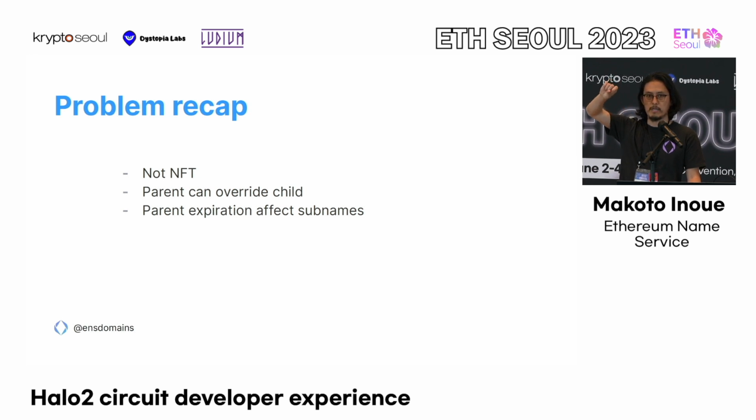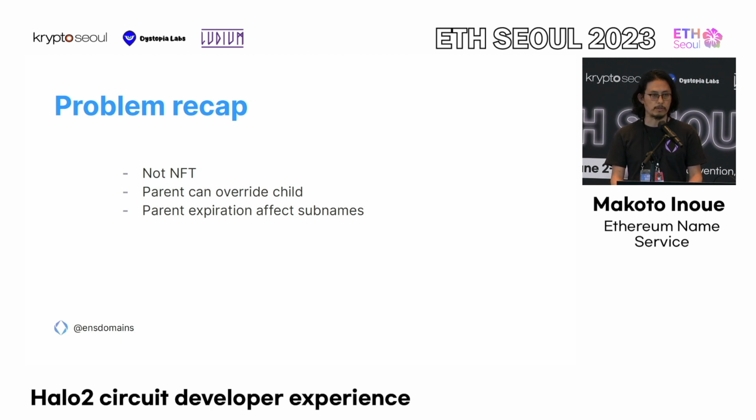If you own the name and you issue a subname, the parent can always override their ownership. So if a subname is an NFT, the parent domain owner can still override, which defeats the purpose of an NFT being transferable. So that's why by default it's not an NFT.